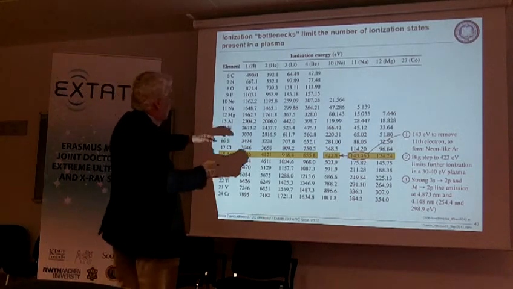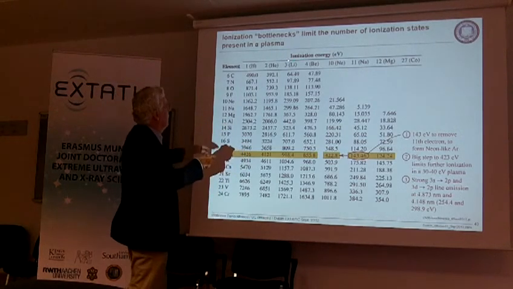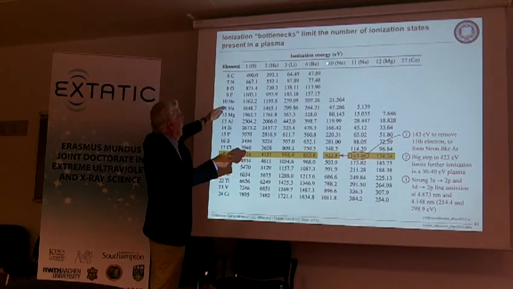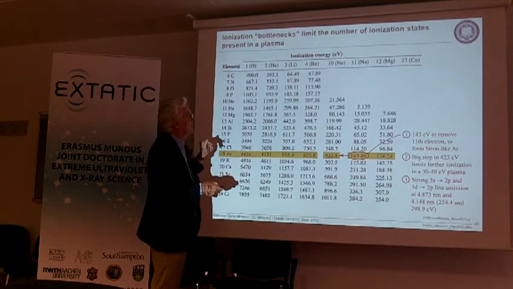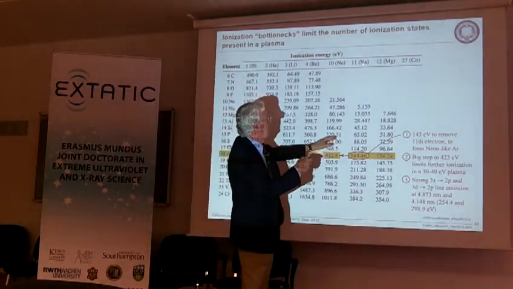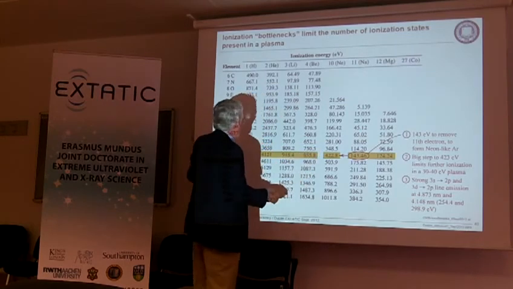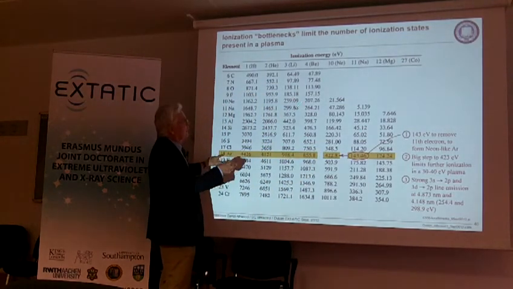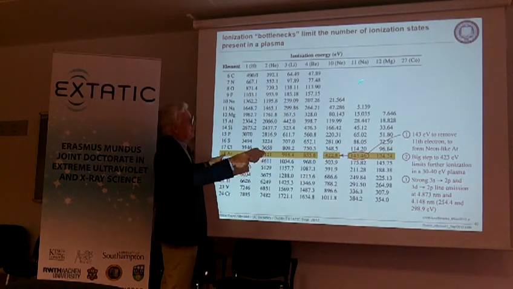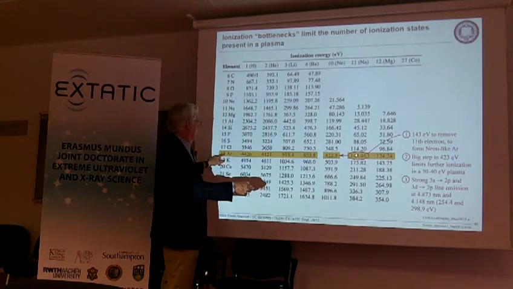And this table is looking at how much energy is required for different atoms to remove an electron. So this is saying, in this example, for argon, where it's stripped off some electrons and it's only got 11 electrons left, how much energy is required to remove that 11th electron?